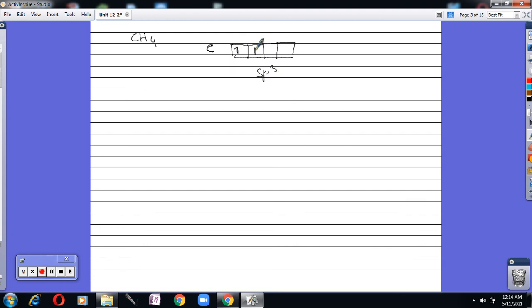Here single electron, single electron, single electron, single electron. Now this carbon has 4 electrons in the outermost orbital. Now to make an octet, carbon needs another 4 electrons, and those 4 electrons will come from hydrogen by mutual sharing of electrons, and that's the reason methane molecules are formed right here.